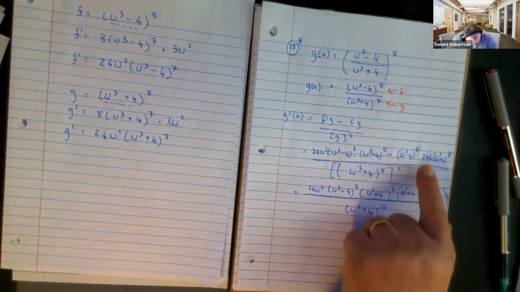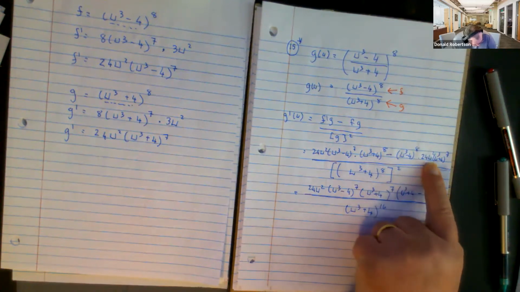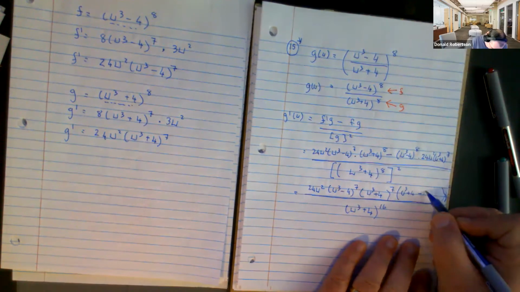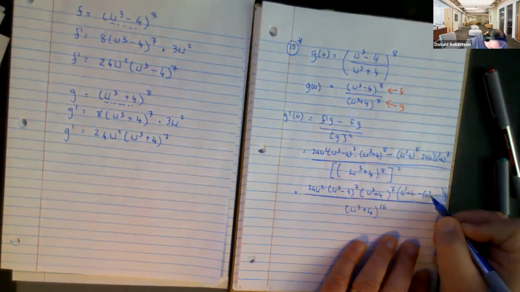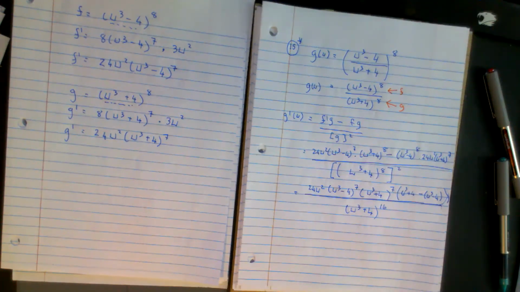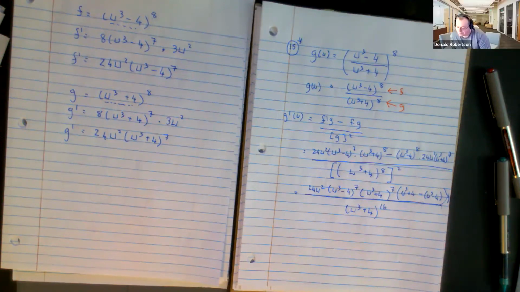Right. 24 used up, u squared used up, that one's used up. Only 7 of these. Why am I putting a bracket round u cubed minus 4? Why am I just not writing minus u cubed minus 4? Because the negative distributes through the whole thing. Right, so the brackets is to make sure I remember to do that.